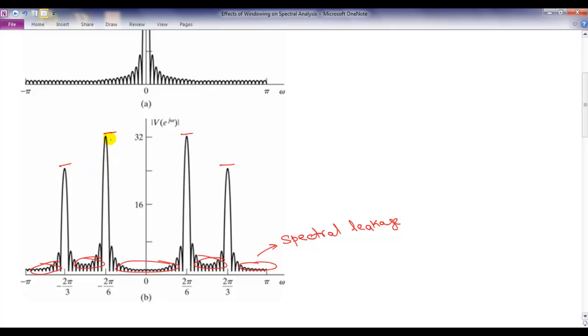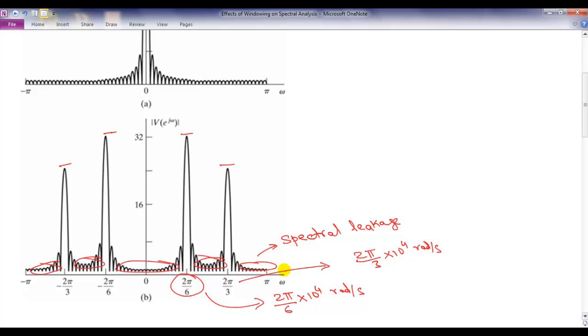What is the effect of having the impulses replaced by these humps? You don't see that effect in this picture because of the two frequencies that you started with. Remember, this frequency corresponds to 2 pi by 6 into 10 to the 4 radians per second, since my T is 10 kilohertz, and this corresponds to 2 pi by 3 into 10 to the 4 radians per second.